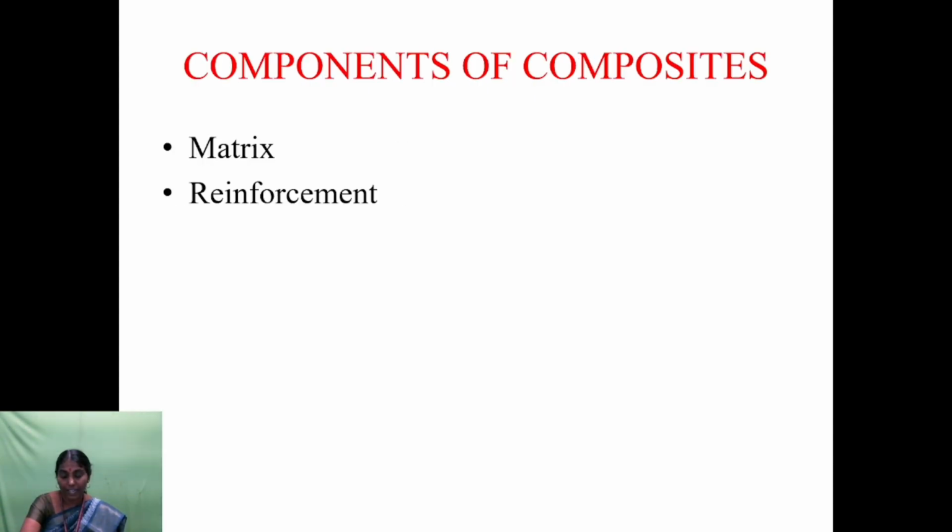Then the main components of composites. A composite material has two main components. One is the matrix and the other is reinforcement. What is matrix? Matrix is the continuous space that holds the different materials together.